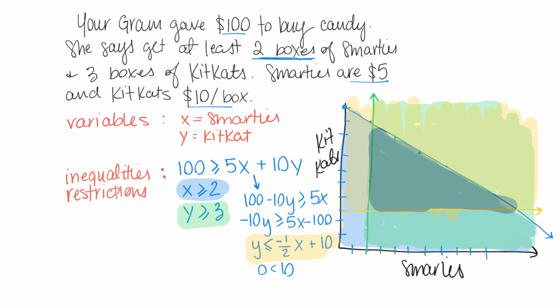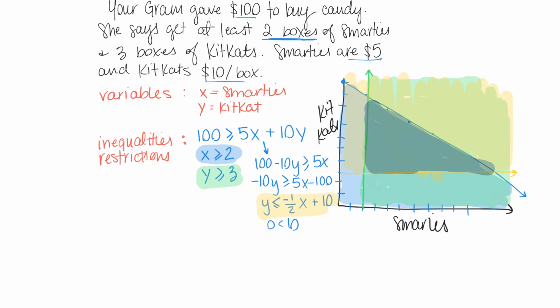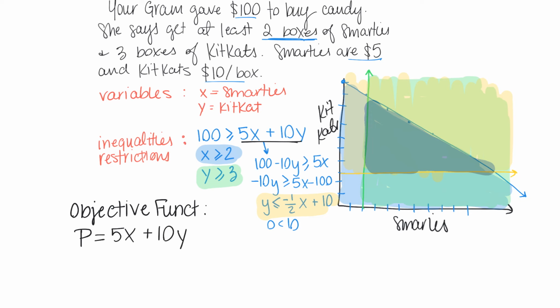So if we wanted to write an objective function for this, if we wanted to go that extra mile, the objective function in this case would again be profit or money, and it would equal, remember what we started with before, 5x plus 10y. And if we chose this right here, this coordinate is 2, 9.